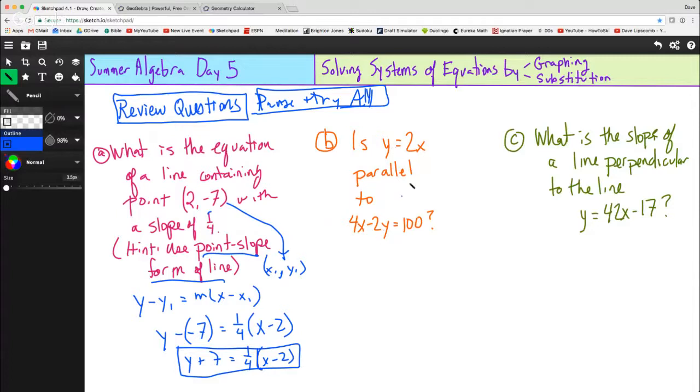All right. B, is this line parallel to this line? Well, lines that are parallel have the same slope, as we learned before. This is in point-slope form, so this has a slope of 2. We don't know what the slope of this line is, so let's put it in slope-intercept form.